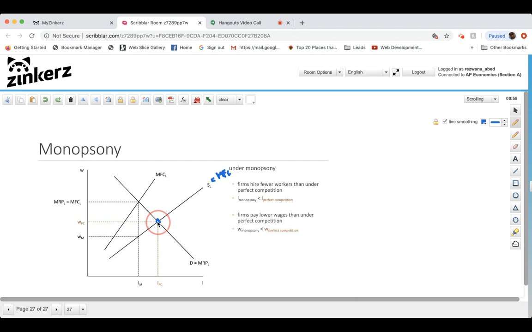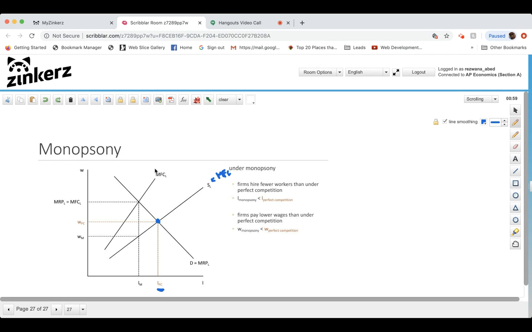So they would hire workers at this quantity, LPC, and this is the wage that they would pay, because for the perfectly competitive labor market, the wage intersects the supply of labor at this quantity of labor.